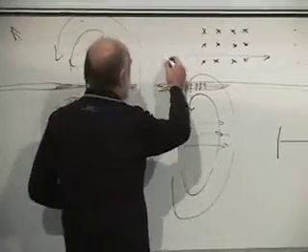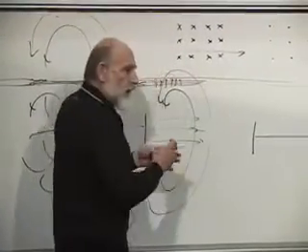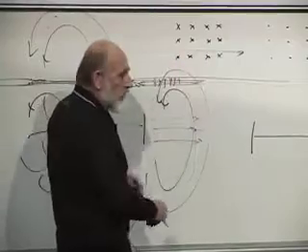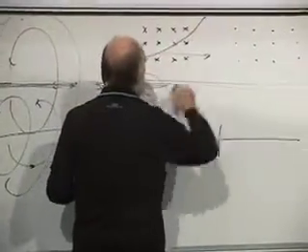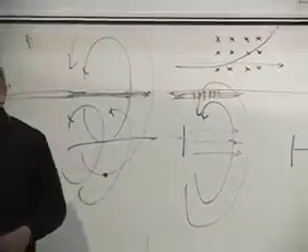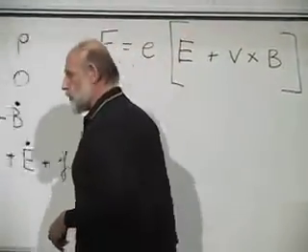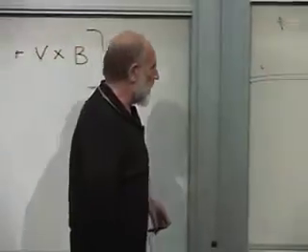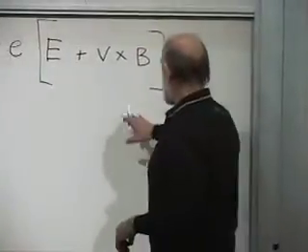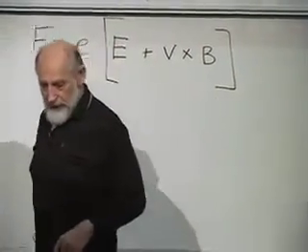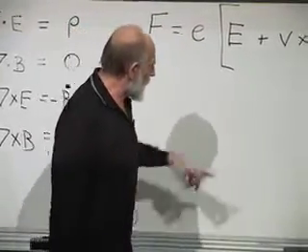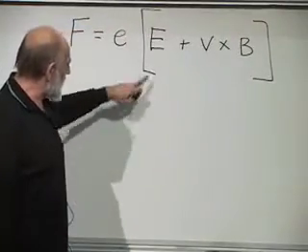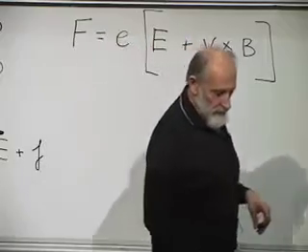All right, so a charged particle moving through here, if it were moving with a velocity v, would have a force on it which would bend it upward. The faster it moves, the larger the force. The larger the magnetic field, the larger the force. That's this term. This is called the Lorentz force law, electric and magnetic forces. This term is velocity dependent. This term is not velocity dependent.